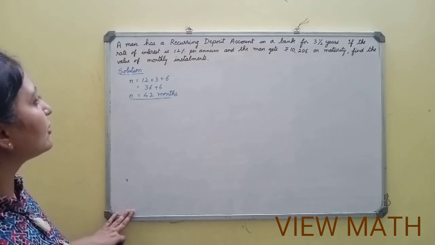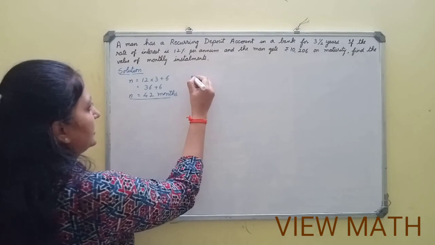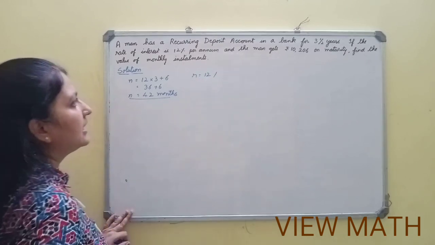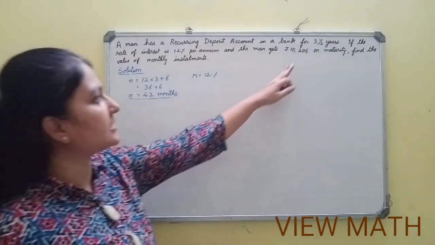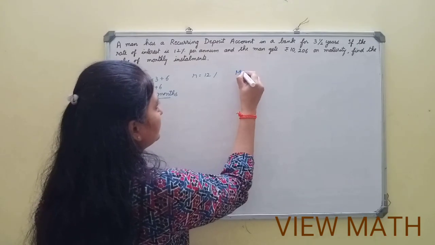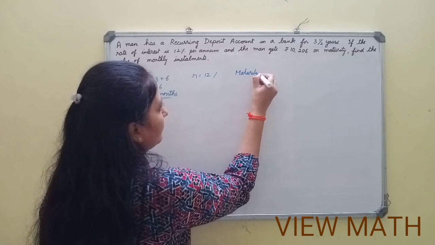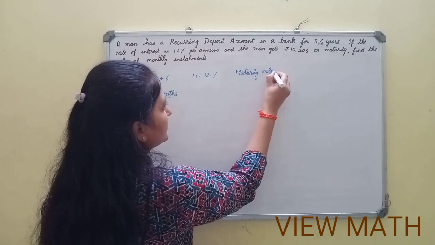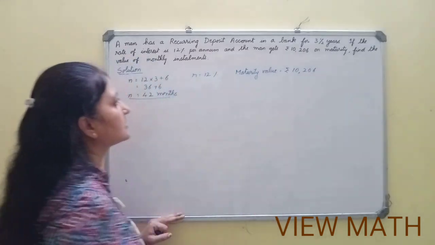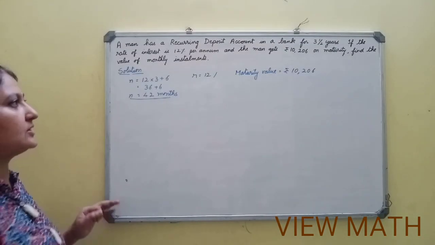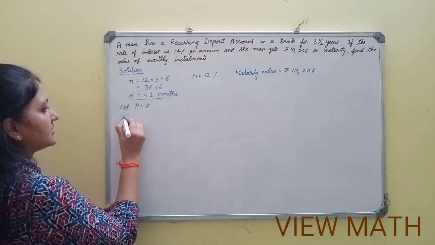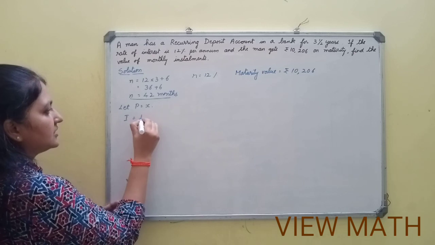Next, if the rate of interest is 12% per annum, so R is equal to 12%. And the man gets rupees 10,206 on maturity. So maturity value is equal to rupees 10,206. These are the things given in the question. Now let me proceed. Let P is equal to X. First let me find out the interest.